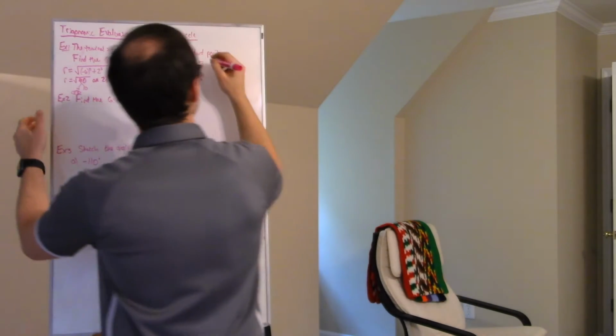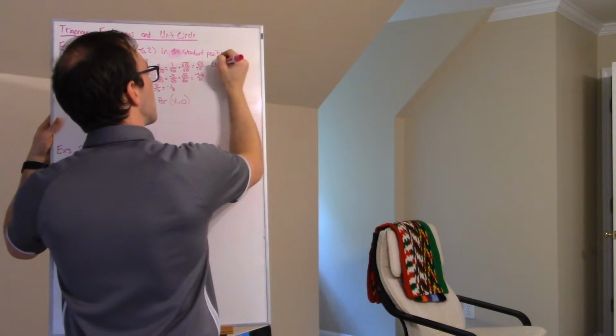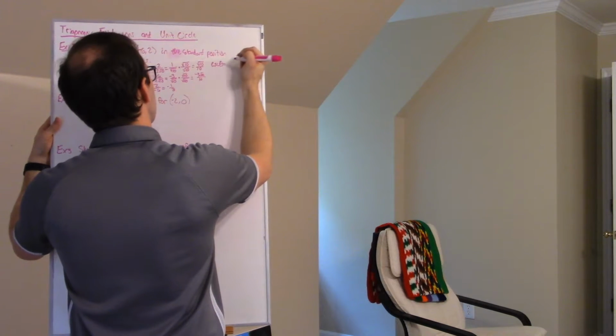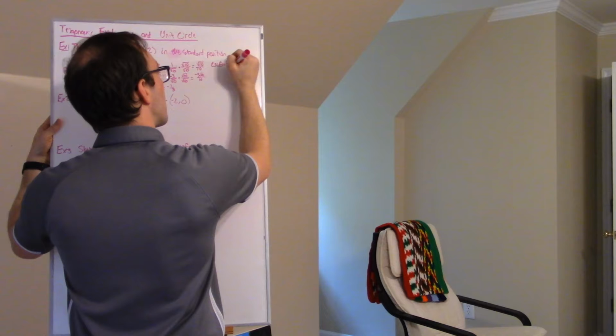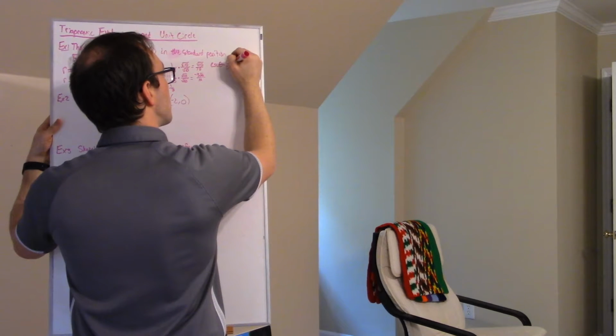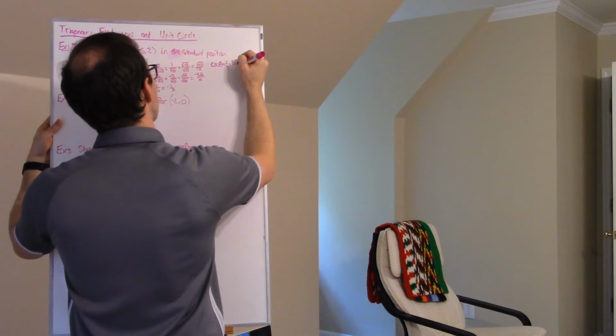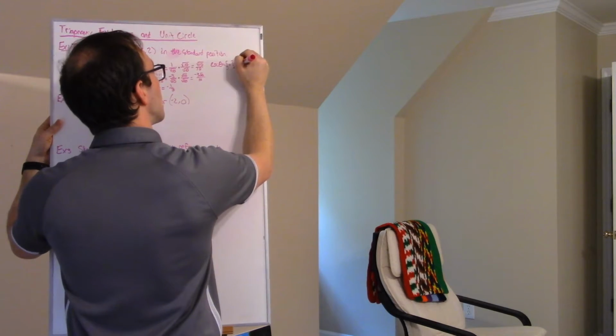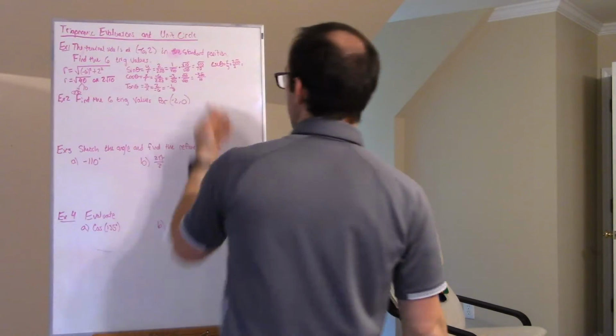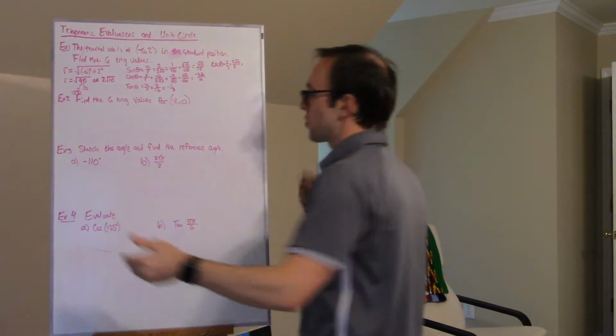Then our cosecant is r over y, or 2 square root of 10 over 2, or simply square root of 10.